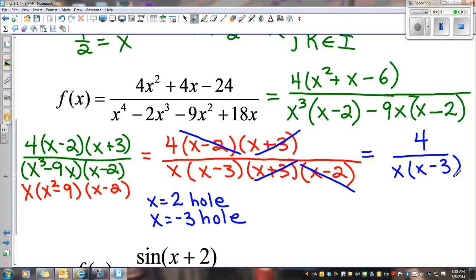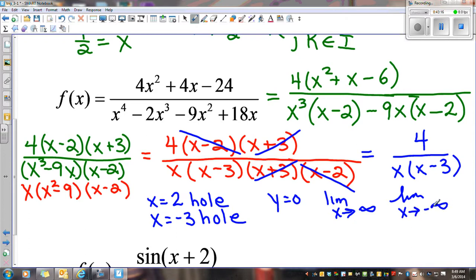I want to know if I have a horizontal asymptote. Okay, I do. I have y equals 0 because numerator less than denominator. So y equals 0, I could do a limit as x goes to infinity, a limit as x goes to negative infinity, and prove that.